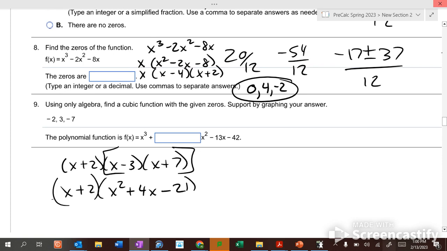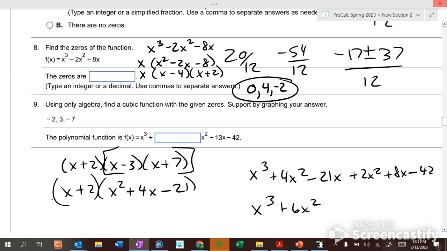And if we double distribute, x cubed plus 4x squared minus 21x. And then plus 2x squared plus 8x minus 42. So it's x cubed plus 6x squared minus 13x minus 42. And so there's just a 6 that goes there.